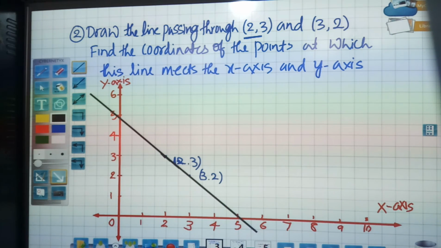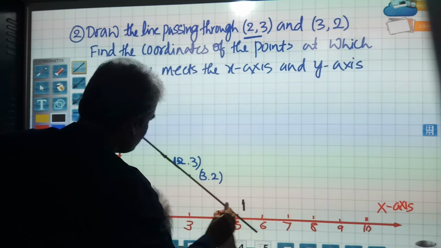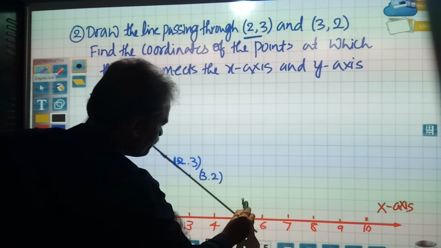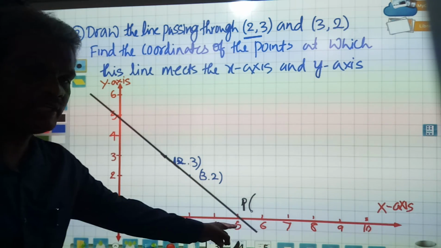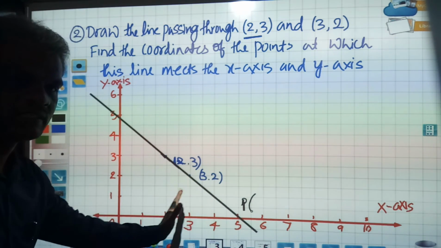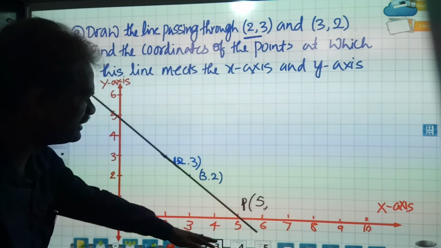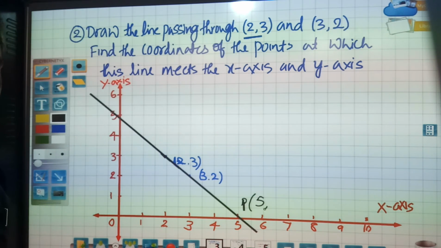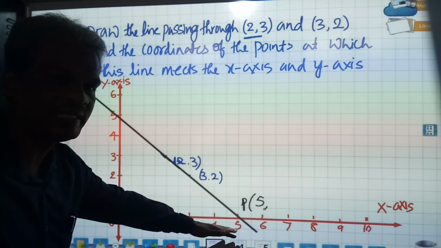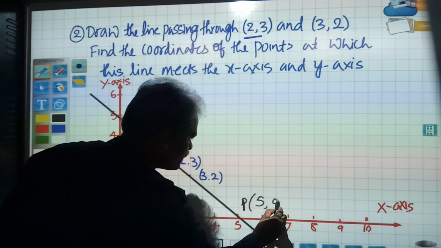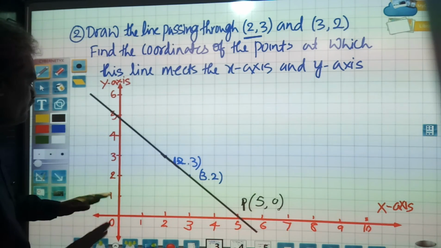You can write the point as P. For this point, the x coordinate, the distance from the vertical line, is 5 units. The distance from the x-axis is 0. So 5, 0.